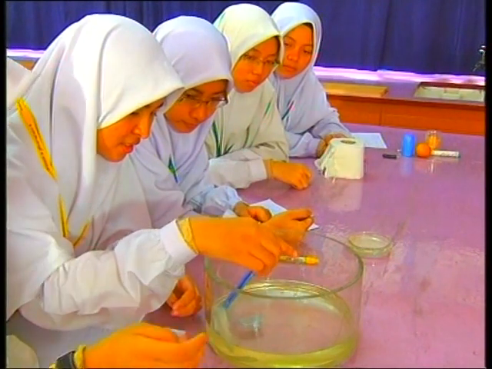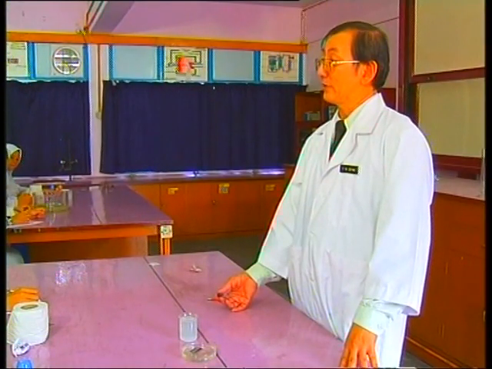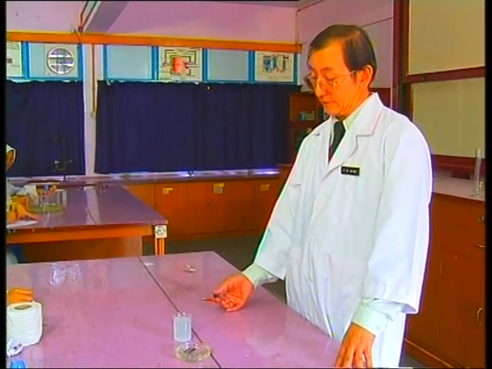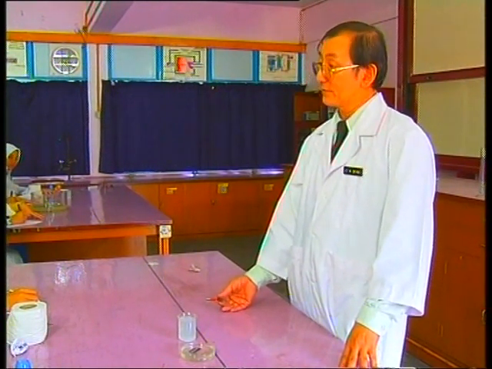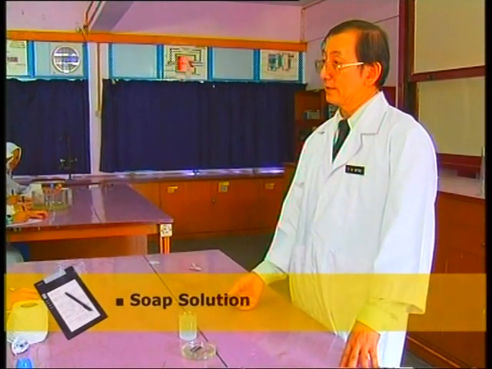The shaving blade floats on top of the water because the water appears to have a skin. Actually, this skin is caused by surface tension. Now, see what will happen if we drop some soap solution into the water.